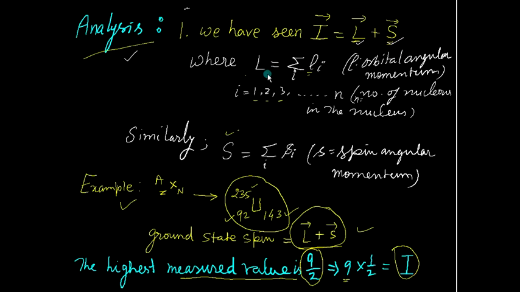The total orbital angular momentum is the summation over the individual orbital angular momenta.